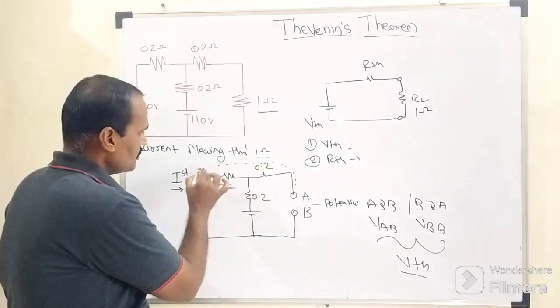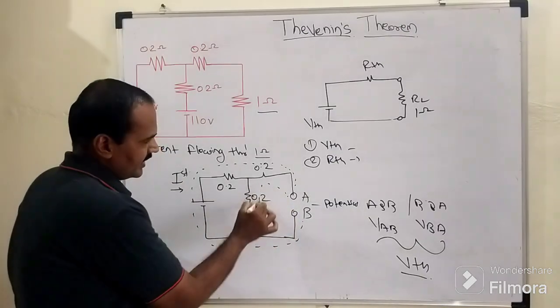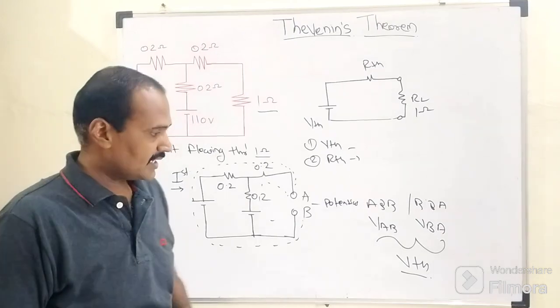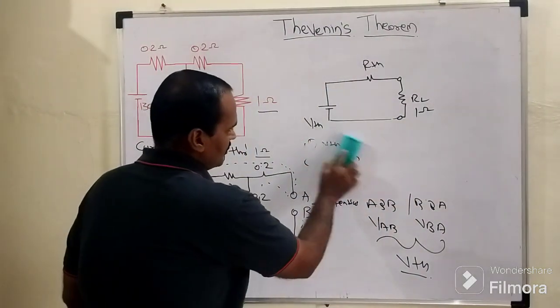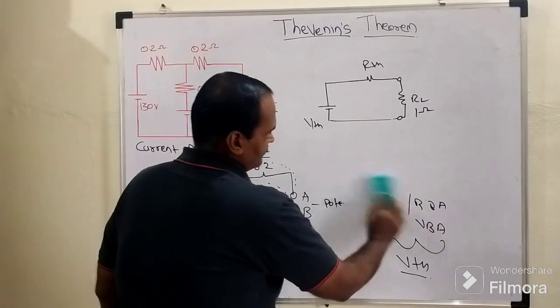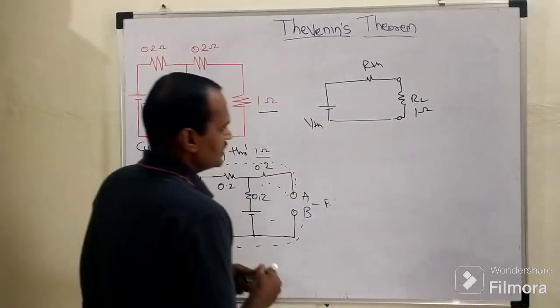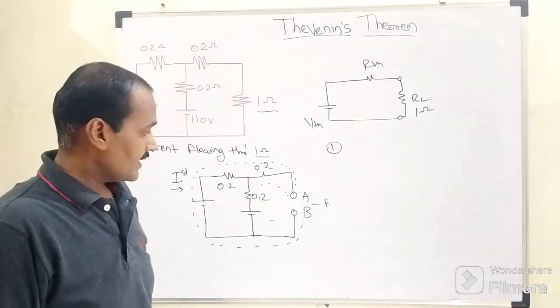This will be the outermost path, right? And this will be the innermost path. So we need to determine the shortest conducting path. Here I will draw the first conducting path, the outermost conducting path.